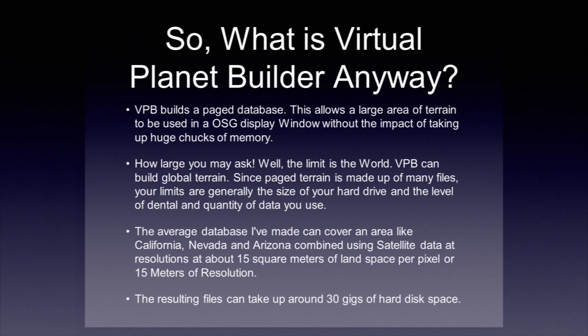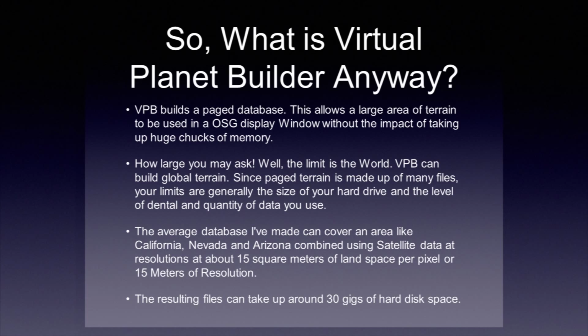Since the terrain is made up of many files, your limit is usually the size of your hard drive, because big, highly detailed files can take up huge chunks of data for big areas.